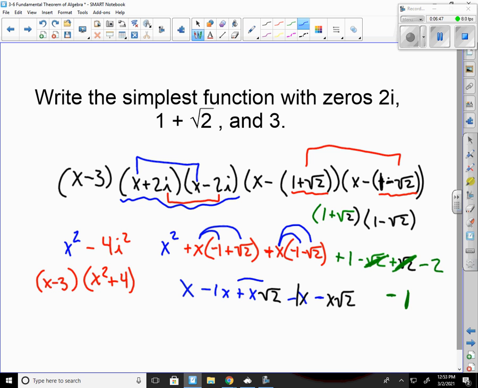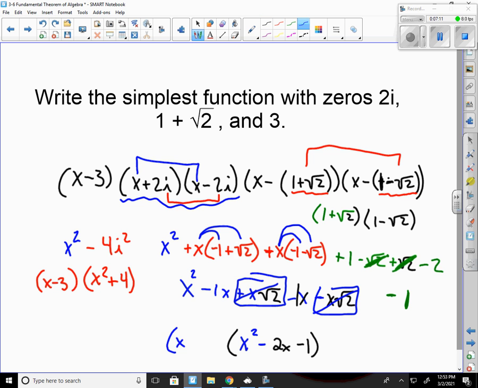Now here I have a plus x root 2 and minus, so those cancel each other out. Negative 1x minus 1x gives me negative 2x. So this whole thing simplified down to x squared minus 2x minus 1.